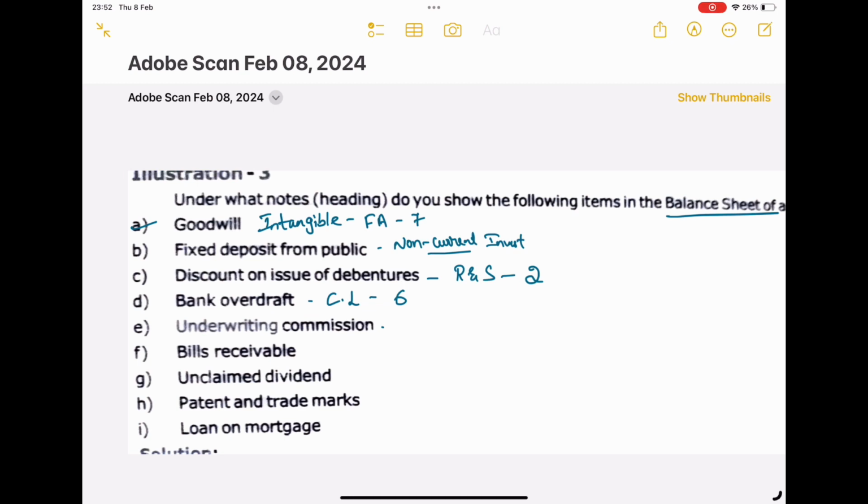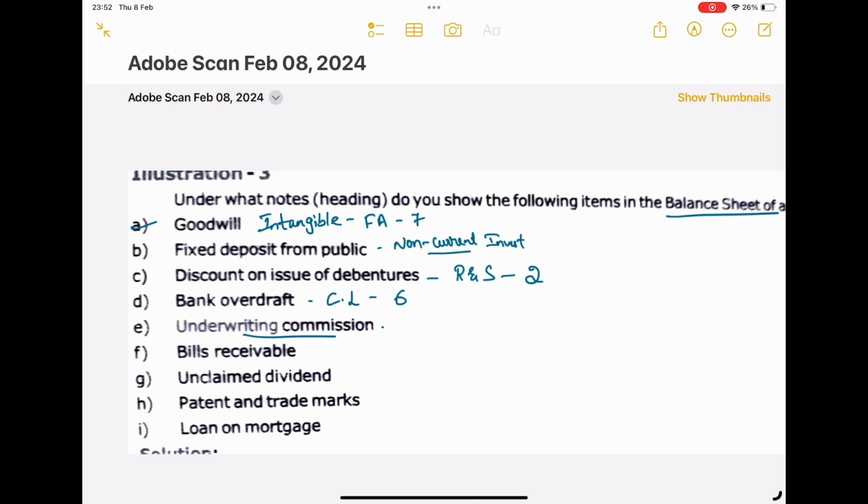Okay, if it is received, it will be shown under other income, or if it is paid, here we are going to reflect it in other expenses, that is in note number 14, the last note. So here nothing has been clearly mentioned. If any particular thing is mentioned, then we can write.